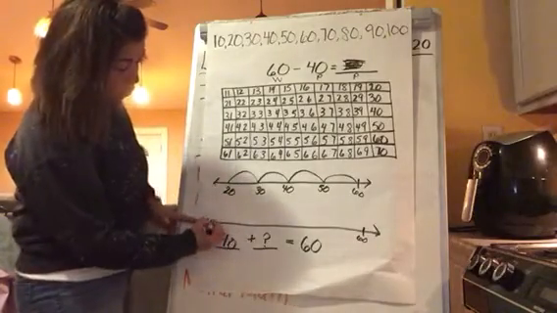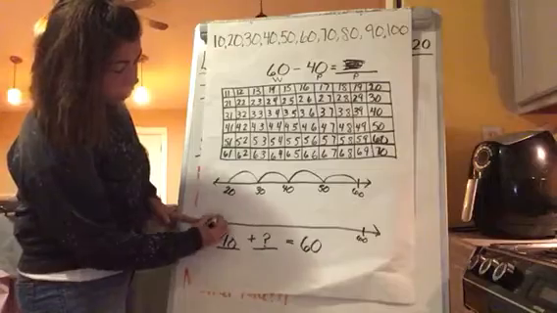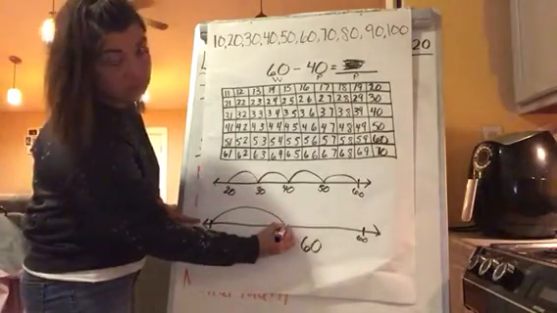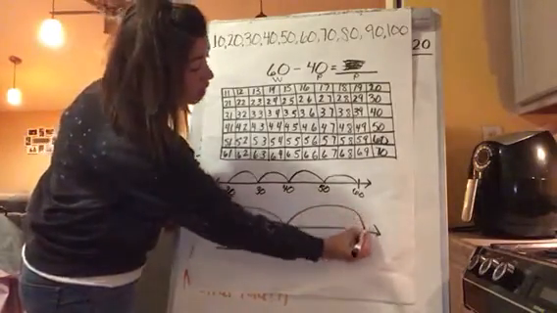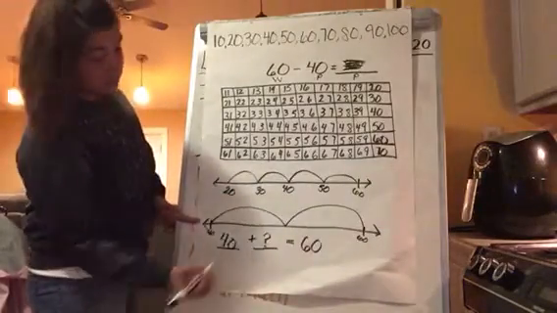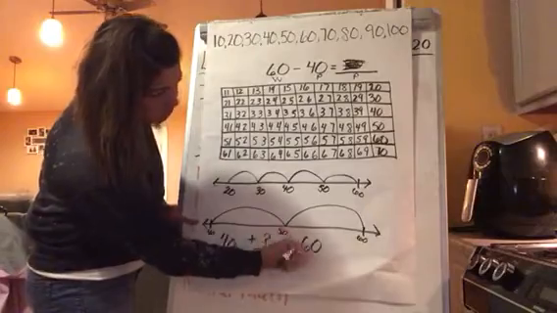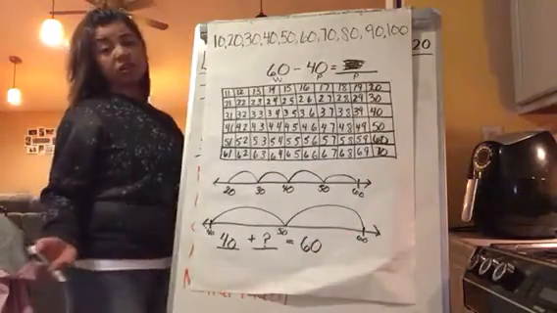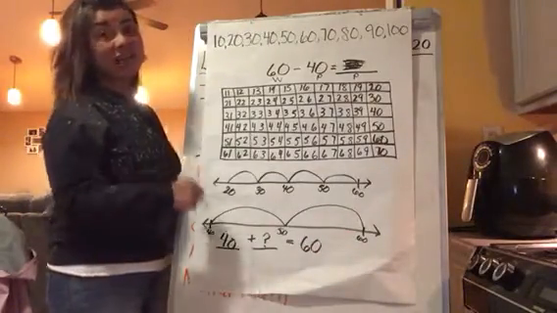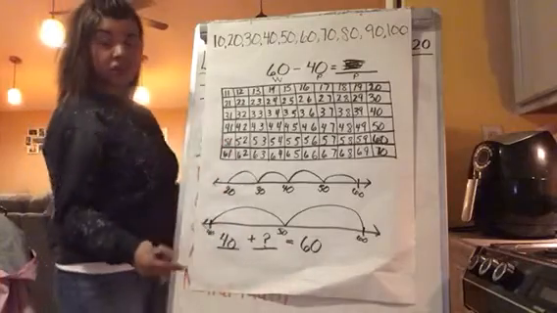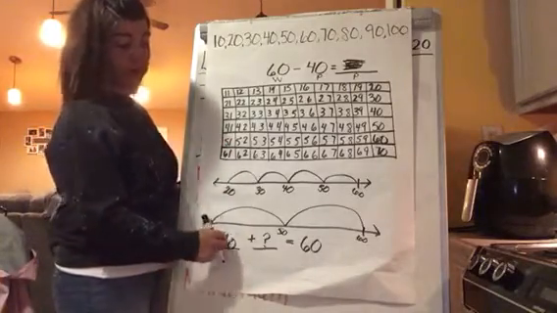Now I need to know how many jumps it's going to take to get there. So if I'm here at 40, I know after 40 comes 50, and after 50 comes 60. So this one was 40, 50, 60. Now, are we finished? No. We have to count how many jumps it took to get from 40 to 60.